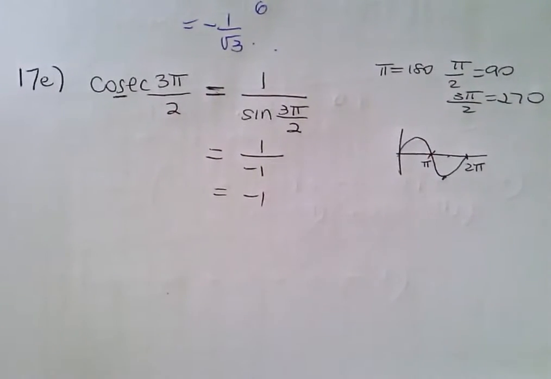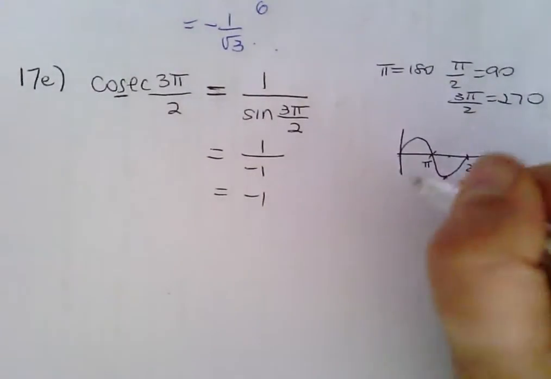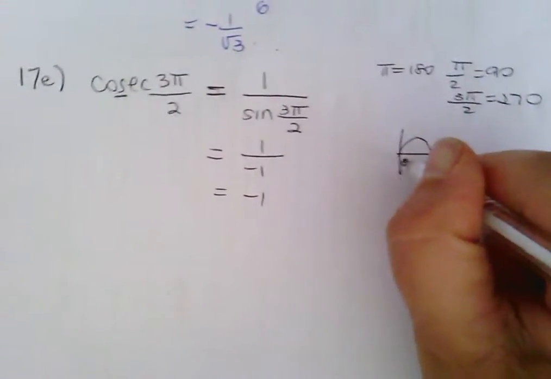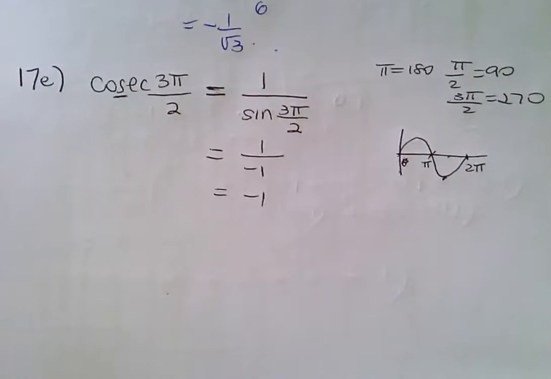Okay? So girls, if you're ever asked for sine 0, 90, 180, 270, 360, sketch the graph. Don't go and use other methods. If you're asked for the cos of the same, cos of 0, 90, 180, 270, 360, sketch the graph. Read it off the graph.